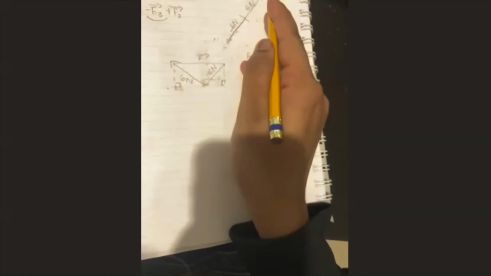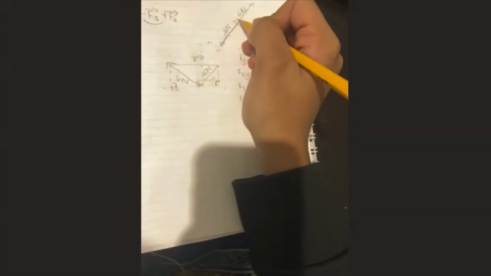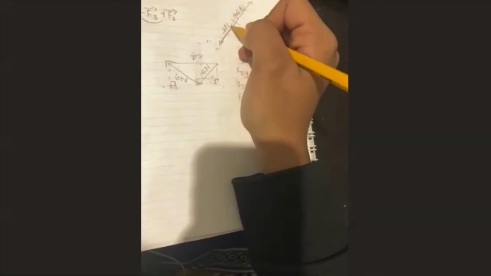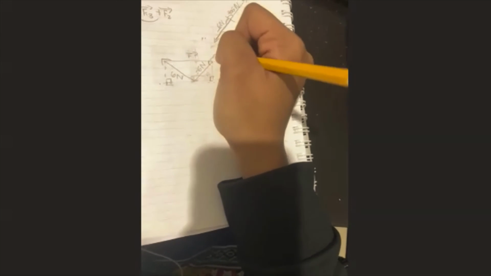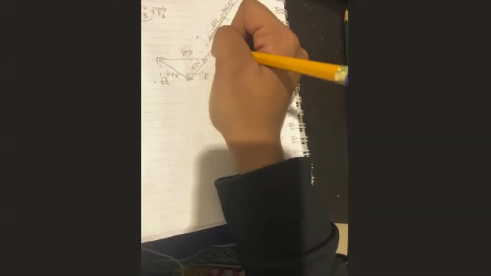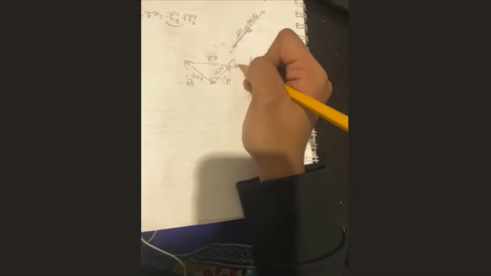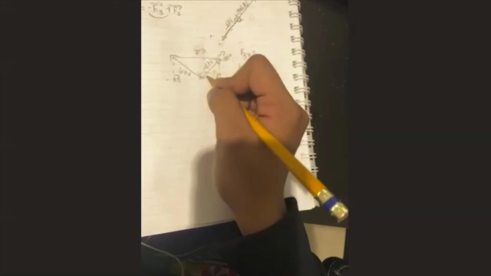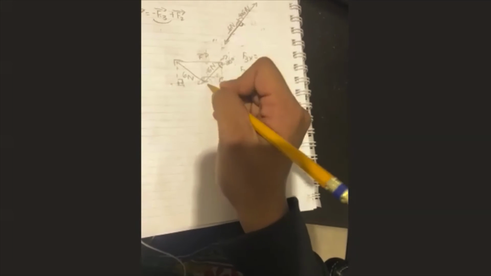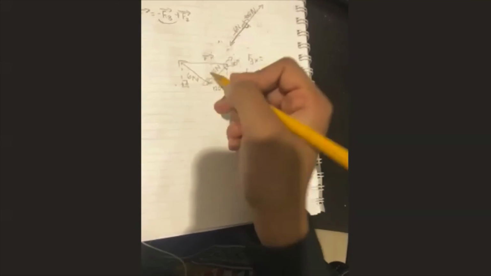And so right now, we know that f3 right here is 30 degrees. And on the negative side, sorry, this side right here, because of the rule of vertical angles, this is going to be 30 degrees. And right here, they told us that this whole thing is 120 degrees.